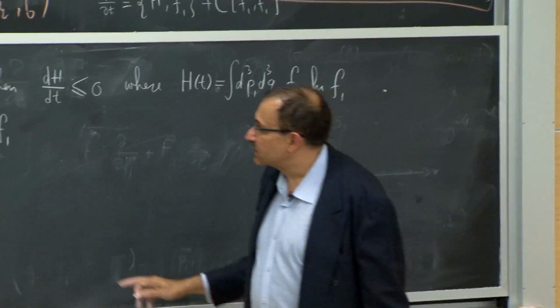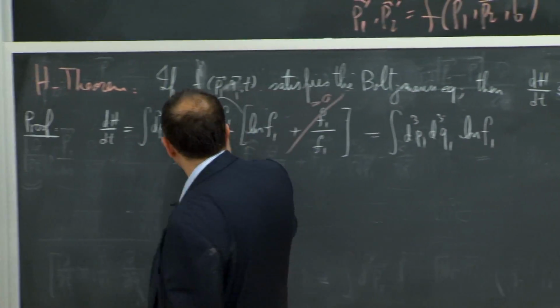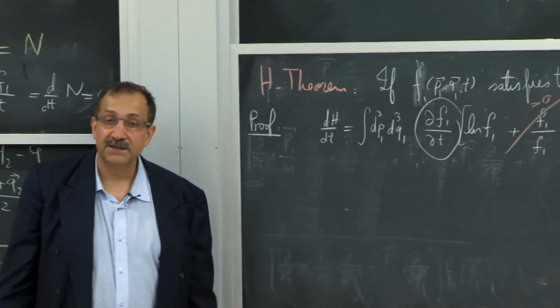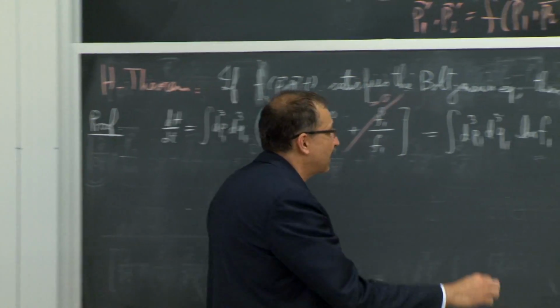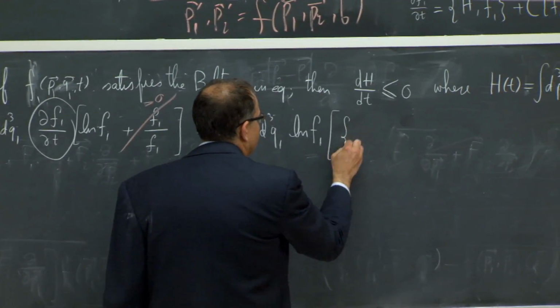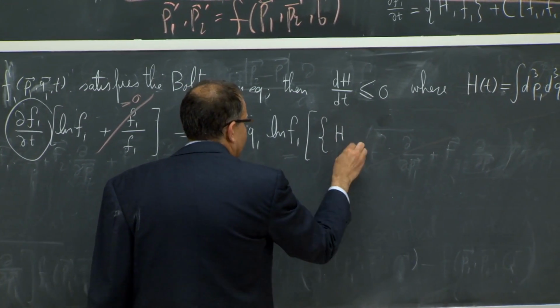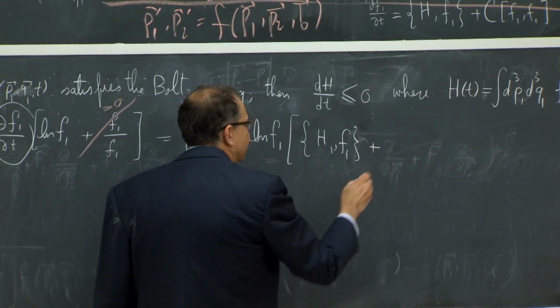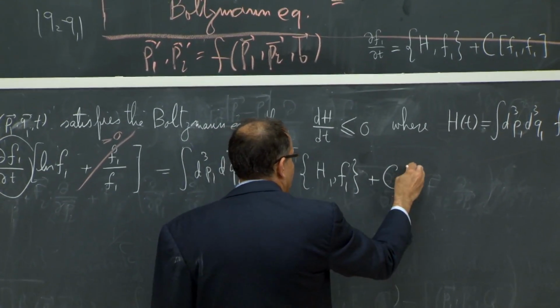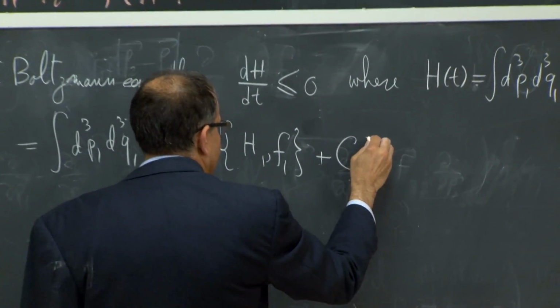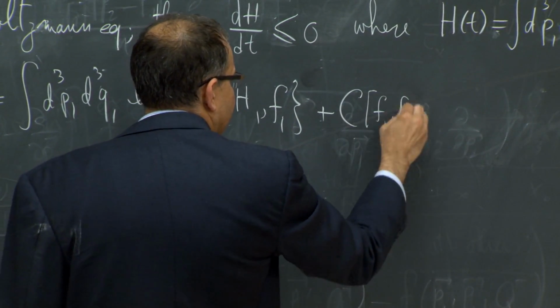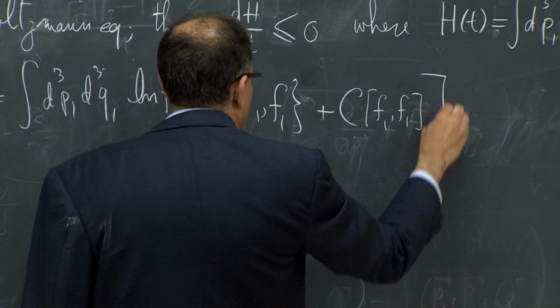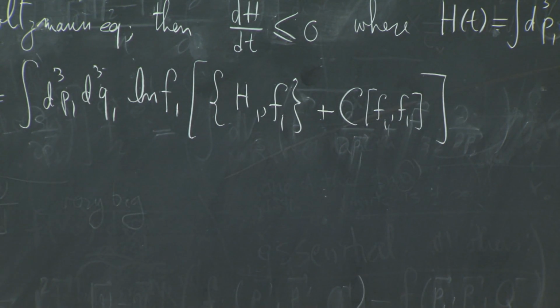And what I do is I replace this df1 by dt with the Poisson bracket of H, or H1 if you like, with f1, and then the collision operator that I will shortly write explicitly, but for the time being, let me just write it as C of f1, f1. Okay.